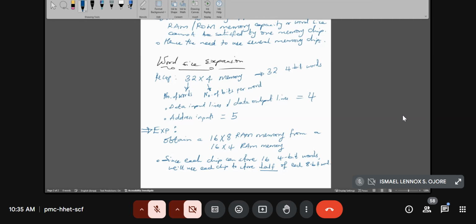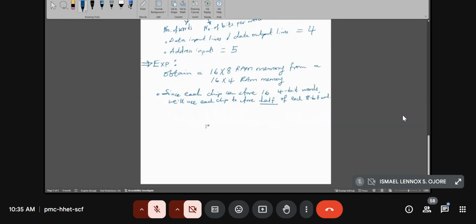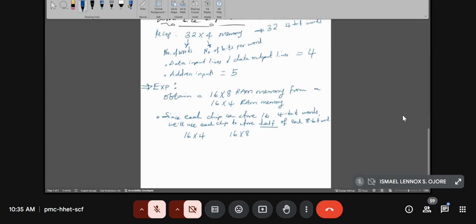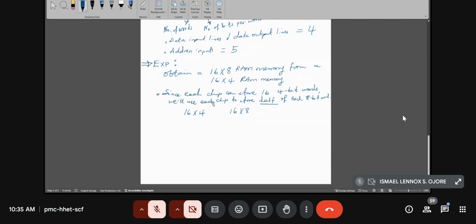So that means we'll need 2 chips. So how do we connect them? Let's investigate this. The key things we need to determine is the number of data input lines and data output lines, and then the address inputs.